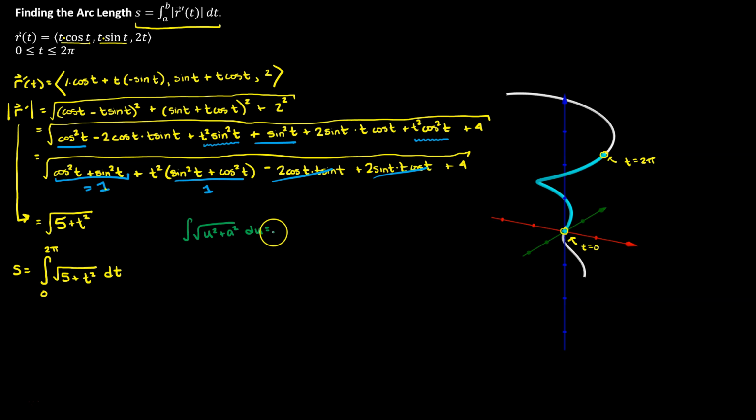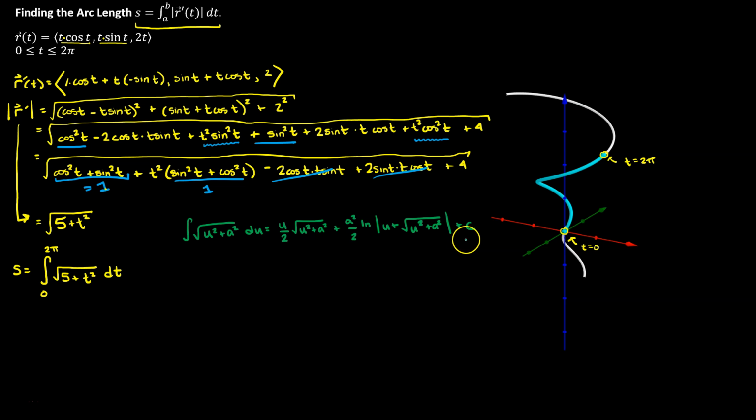So if I was trying to evaluate that integral, the table tells me it would look like u over 2 times the square root of u squared plus a squared plus a squared over 2 times the ln of u plus the square root of u squared plus a squared, all in absolute value, plus some constant if I were doing an indefinite integral.